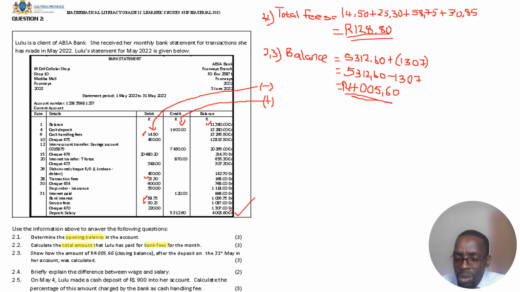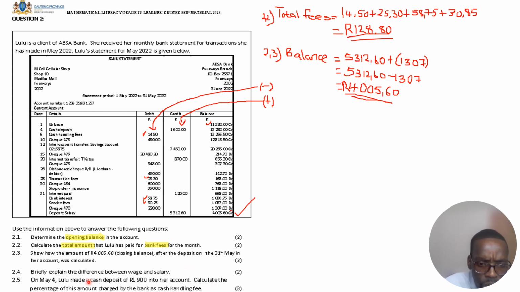This account had a debit balance of 1,307. So when this amount of money came, it was supposed to add to what is already there, but because it's adding to a negative balance, it means it subtracts. And then we ended up with 4,005 rands 60 cents. So that's how it was calculated. I hope it's very clear there.